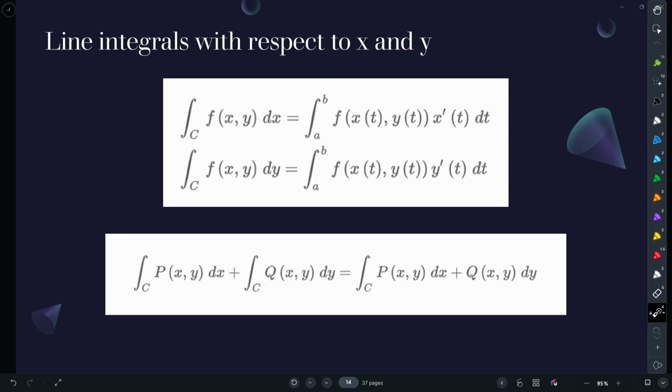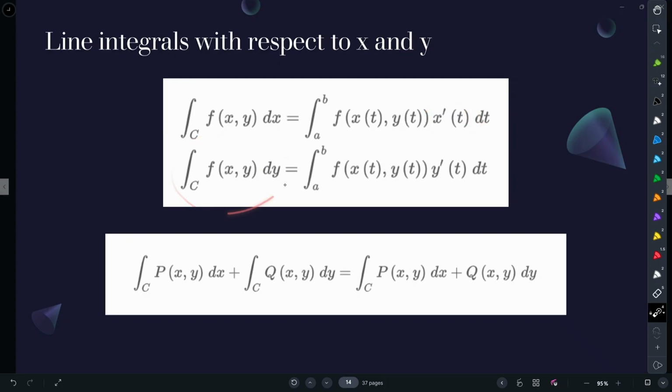If I don't care about what's happening in y, I would be integrating the square root of x prime squared, so it's the contribution of x prime. When we integrate along a line with respect to x, we're just looking at how much the x coordinate has changed times whatever function we are measuring against, so in this parameterization it is the derivative of x times dt.